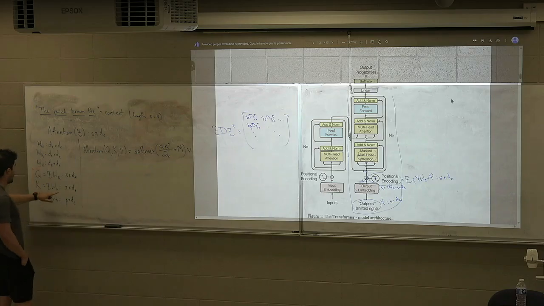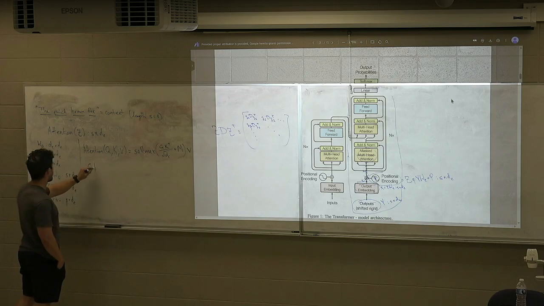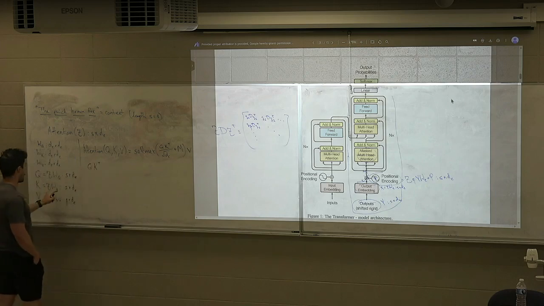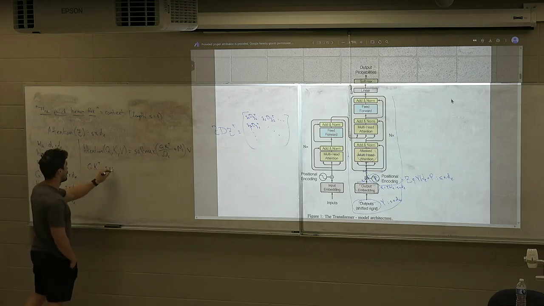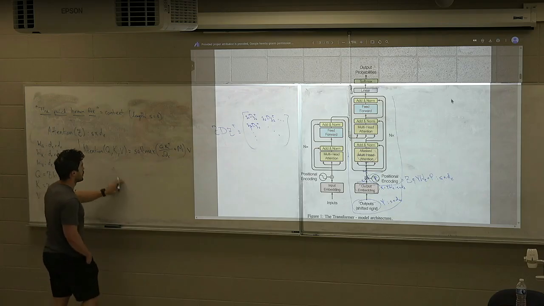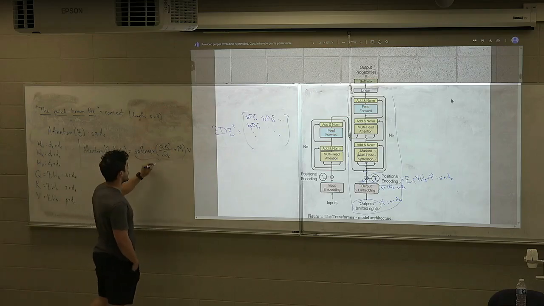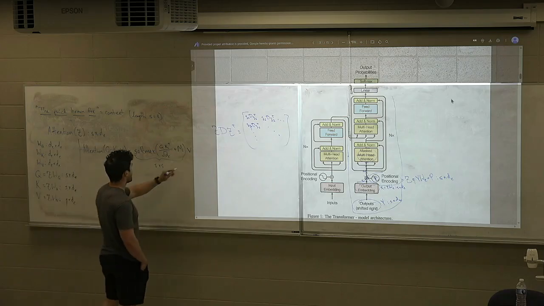So Q is dimension S by dE, so Q times K transpose has to have dimension S by S. So too does M. So this whole thing is size S by S. B is size S by dE.